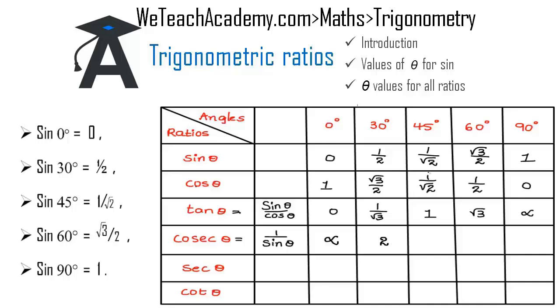Then the reciprocal of 1 by root 2 will be root 2, which is the value for cosecant 45 degrees. Then the reciprocal of root 3 by 2 is 2 by root 3, and the reciprocal of 1, that is 1 by 1, will be 1, which is the value for cosecant 90 degrees.